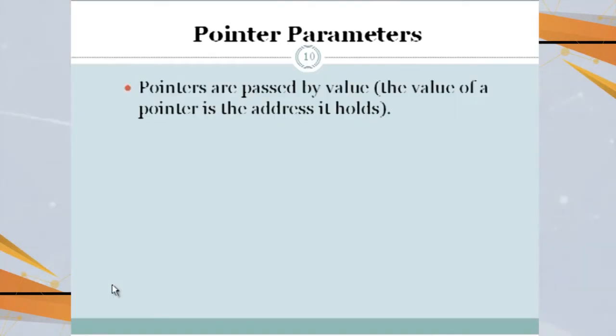In earlier programs, you studied that when a function is called, you may pass some value to that function. In those examples, the value is passed by value. It means that the value passed at the calling function is copied to the called function.